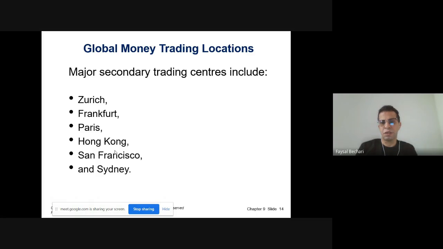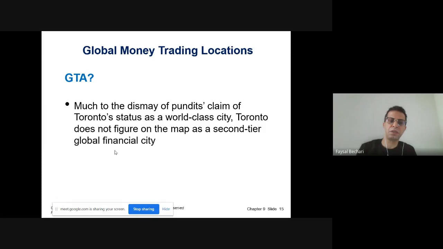The major secondary centers are Zurich, Frankfurt, Paris, Hong Kong, San Francisco, and Sydney. Zurich is in Switzerland. Now, the GTA, much to the dismay of the pundits claiming Toronto's status in the world, Toronto does not figure on the map of the second tier, nor of a global financial city.